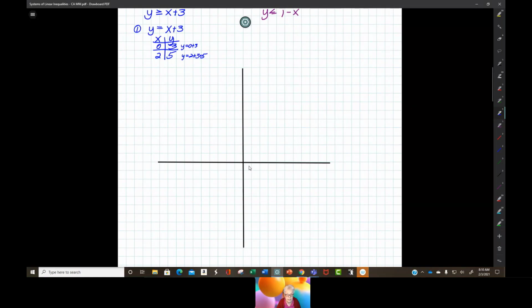Okay, 0, 3 is 0, 1, 2, 3. And 2, 5 is 1, 2, 1, 2, 3, 4, 5. And since it's a solid line, it's much easier for me to use my line tool.